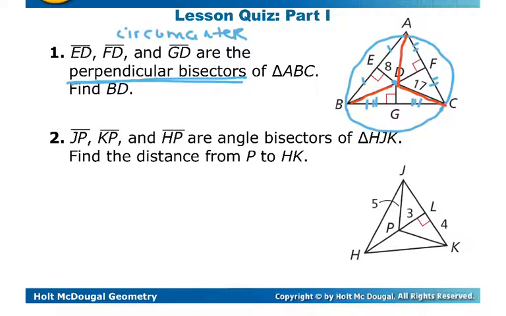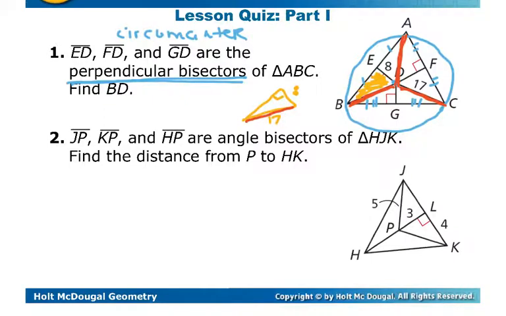So if this one is 17, for instance, then this one's 17, and this one is 17. And why would that be helpful? Because we have a triangle right here, in fact a right triangle, where I now know that this side length is 8, this angle is 90 degrees, and this hypotenuse is 17. And how will that help us?